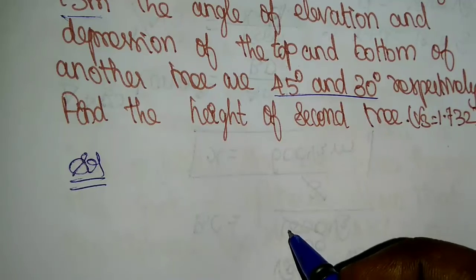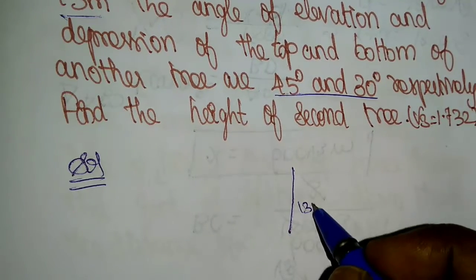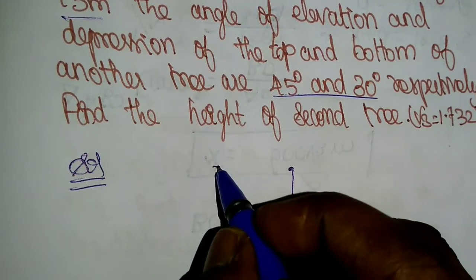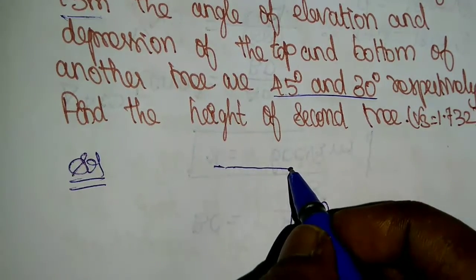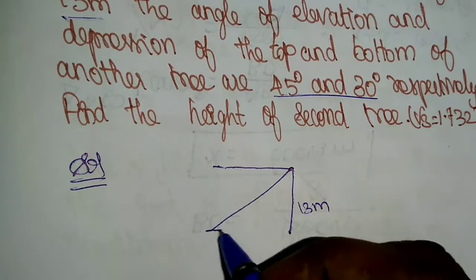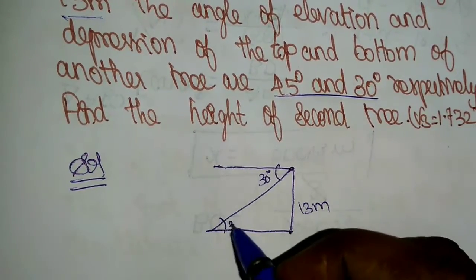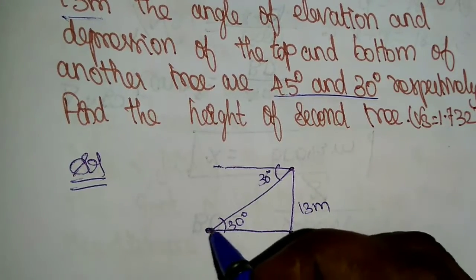Okay, solution. Here the given is the height of the tree is 13 meter. From the angle of elevation we get 30 degree. Depression is 30 degree. So here we get 30 degree. The another tree bottom.